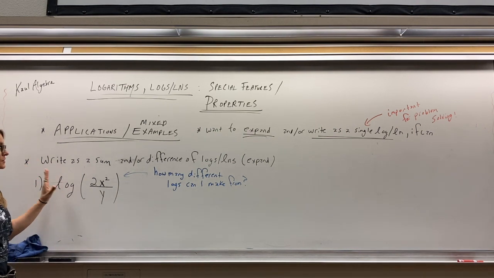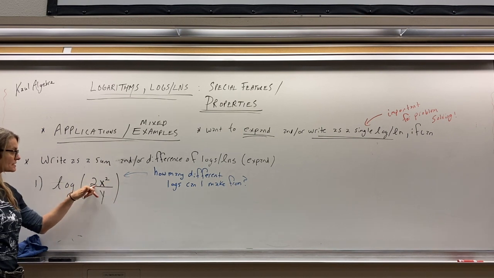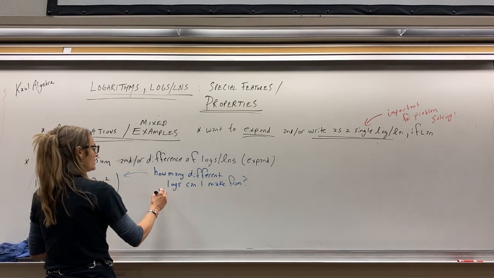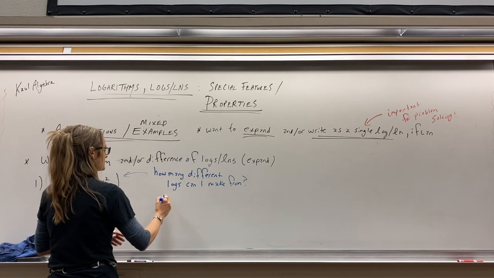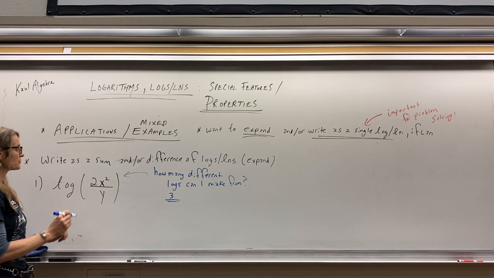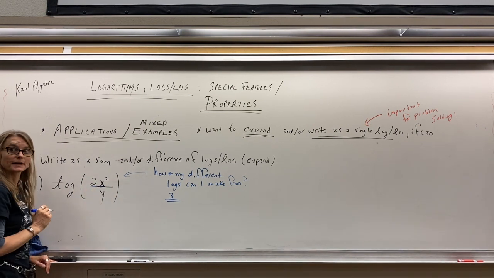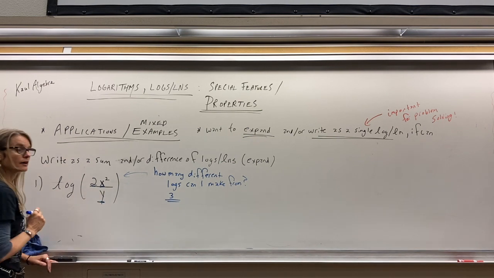So I'm going to make 3 different logs and use the properties. What I first want to tackle is applying the product and quotient rule. I also see a power in there, but I can wait until the very end. My very first goal is to separate the 3, so the answer is 3: I want a log for the 2, a separate log for the x squared, and a separate log for the y.